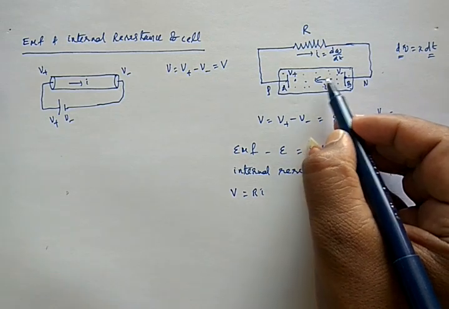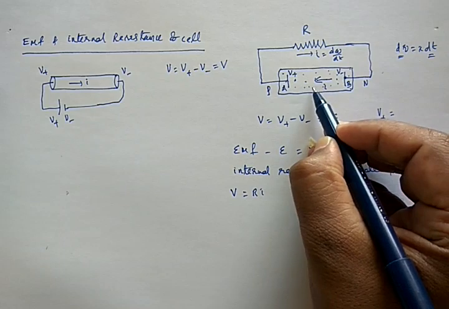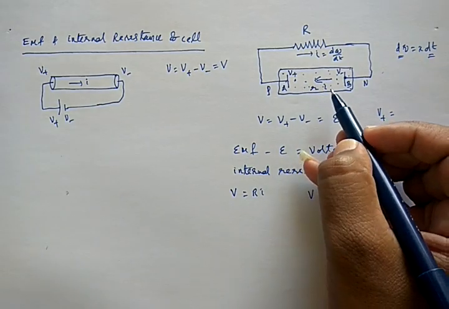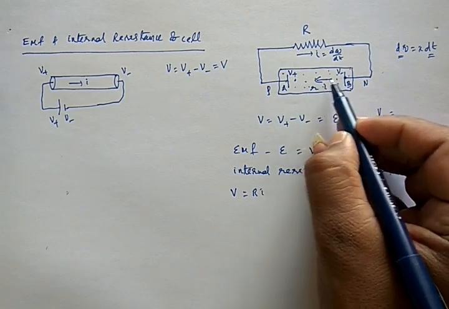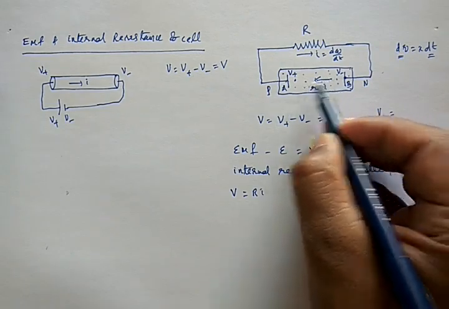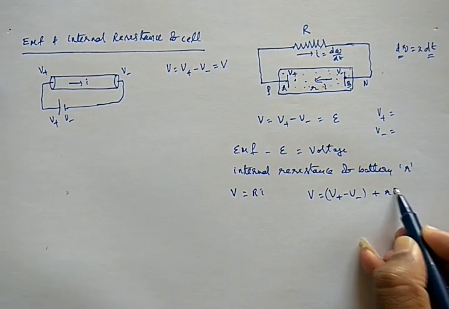But current is going in this direction, the same current is going through this material, and this material is offering r resistance. So it means that there is some voltage in this direction. That voltage will be your ri, like this.